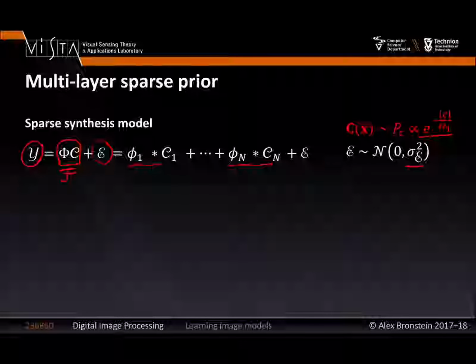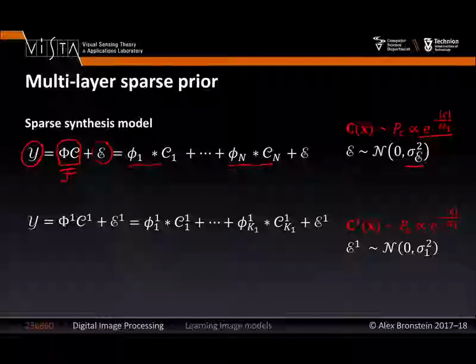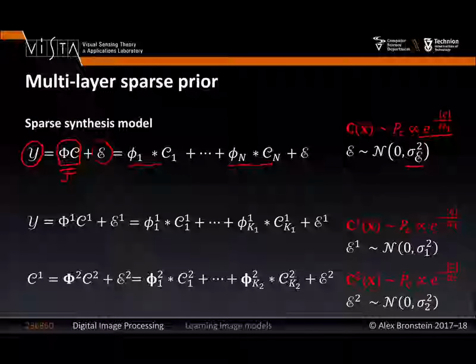So why do we stop only at one level? Let's assume that the coefficients themselves also admit this model. Just remember, a slight change of the mathematical objects that we are dealing with. So why again is represented this way? I'm just adding this index 1 to the dictionary and to the coefficients, and the noise sigma will be denoted by sigma 1.